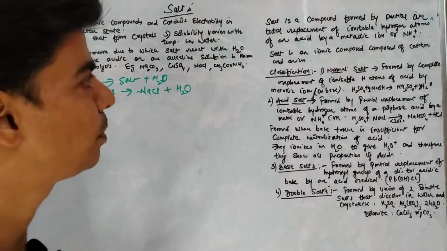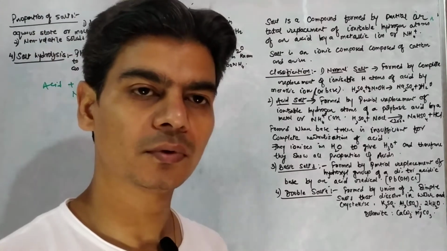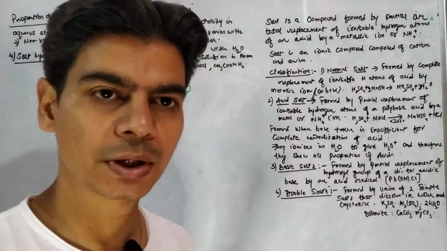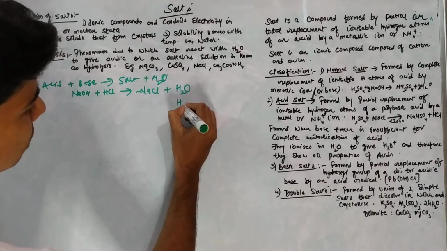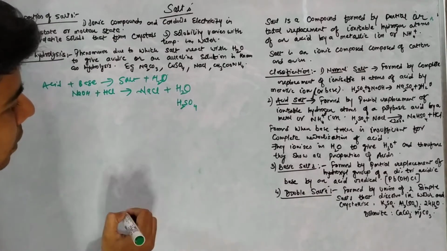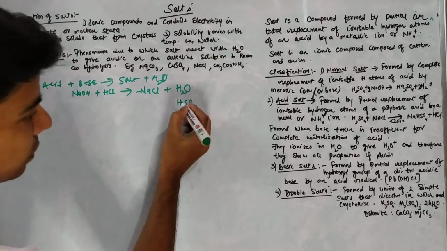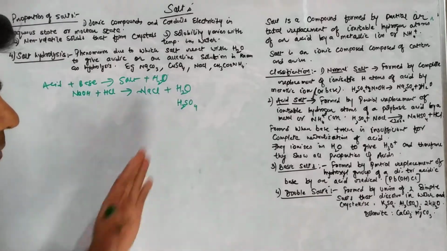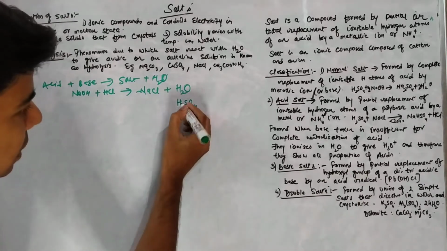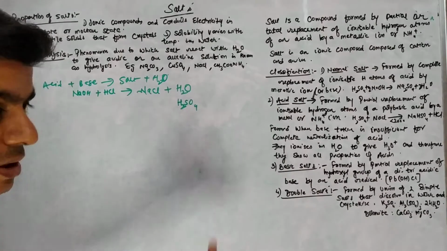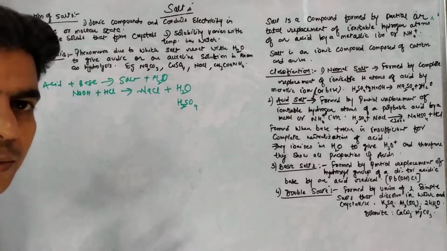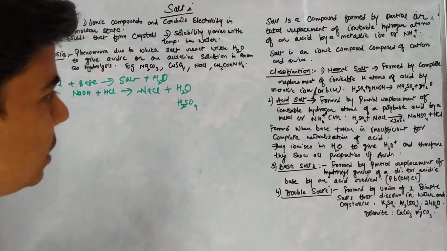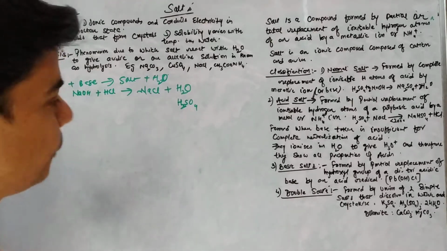So what is partial or total replacement of ionizable hydrogen atoms, right? First we'll understand what ionizable hydrogen atoms are. Suppose this is an acid, sulfuric acid, and we know it's a dibasic acid and it contains two replaceable hydrogen atoms. That is, both these hydrogen atoms can react with a metal ion to give you salt, right?